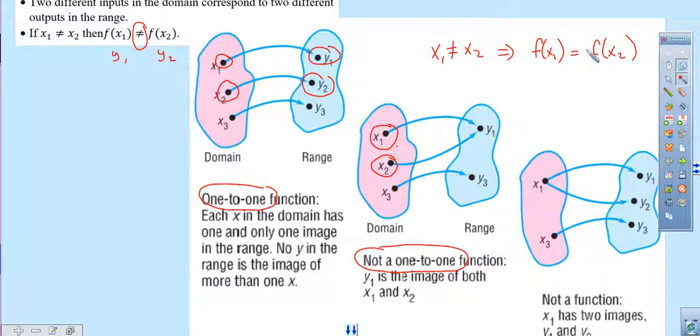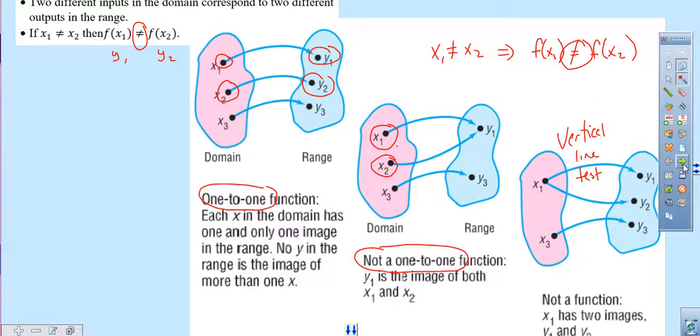And that can't happen. This right here has to be not equals, but that's not what we have. We have equal. So this is not one-to-one. Therefore, whatever function we could have here would not be able to have an inverse. And then we have not a function. We've already covered not a function. With not a function, that's the one where you use the vertical line test.